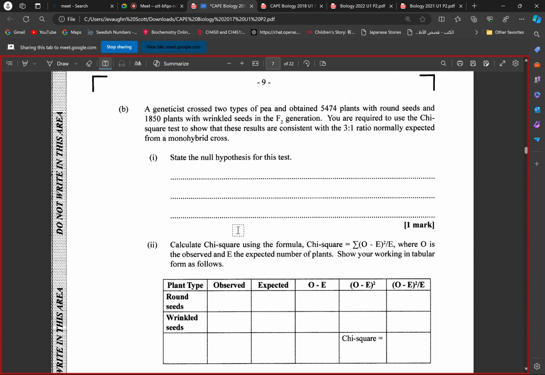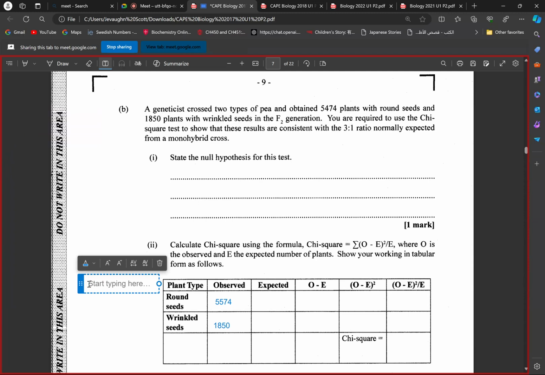Now we look at the chi-square test specifically. We need the observed and the expected. We observe 5,474 round seeds and 1,850 wrinkled seeds.